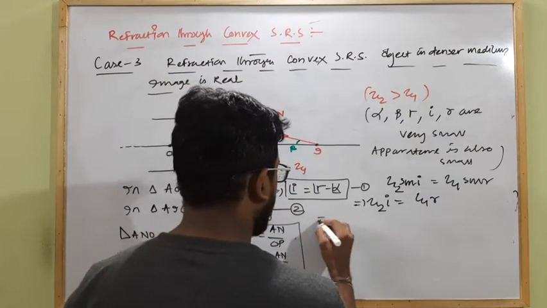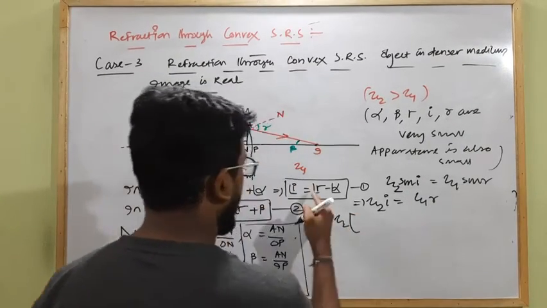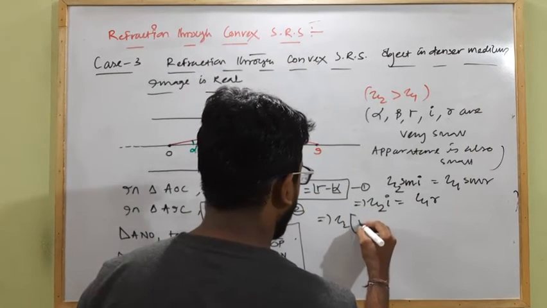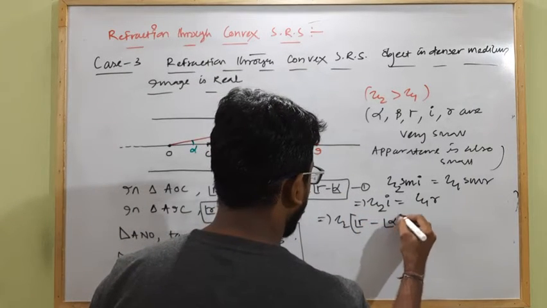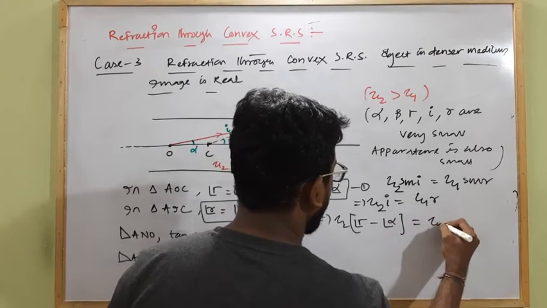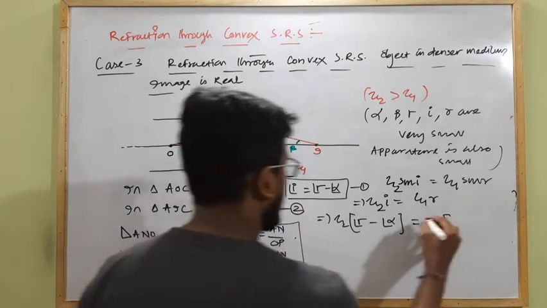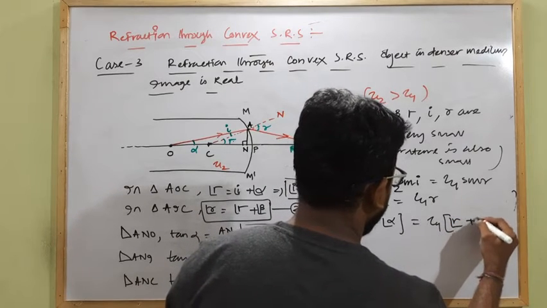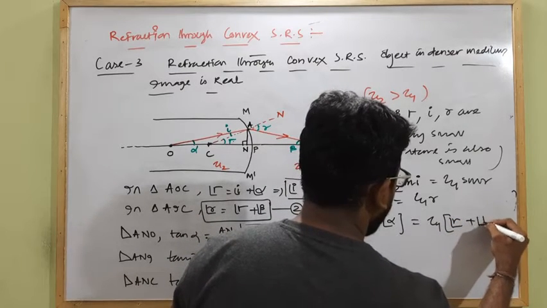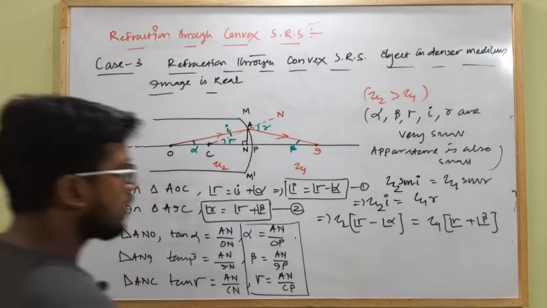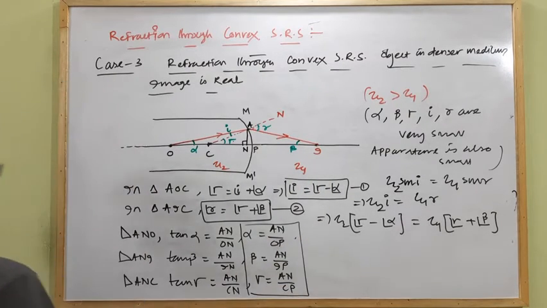So this implies we can write mu2 into, in place of I, angle gamma minus angle alpha, equal to mu1 into, in place of R, angle gamma plus angle beta. Clear? Now I can replace the value of gamma, alpha and beta.